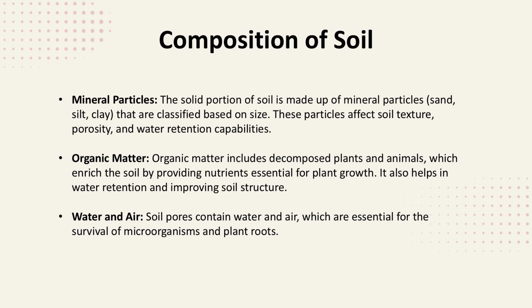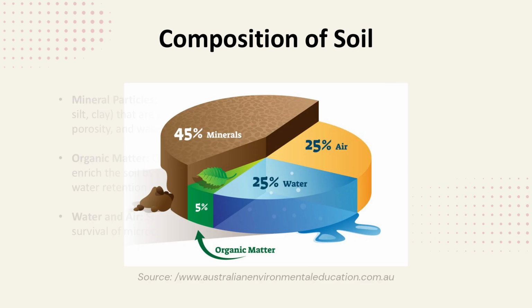It also helps in water retention and improving soil structure. Water and air: soil pores contain water and air, which are essential for the survival of microorganisms and plant roots. You can have a better understanding of the composition of soil from this diagram.